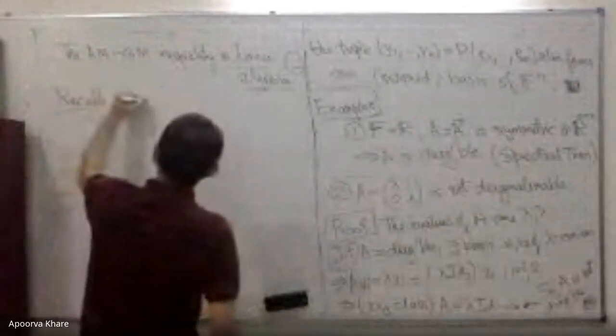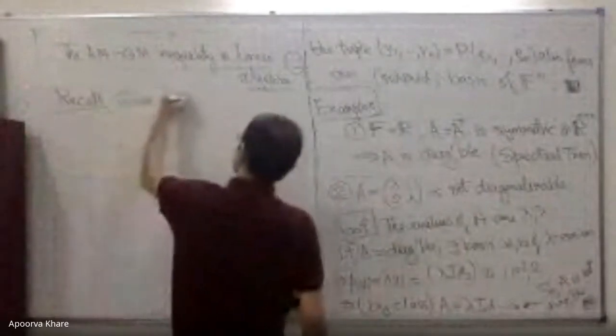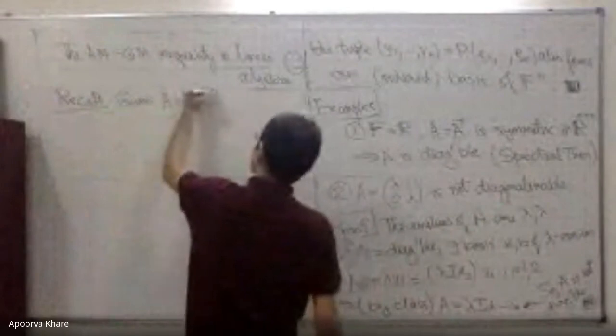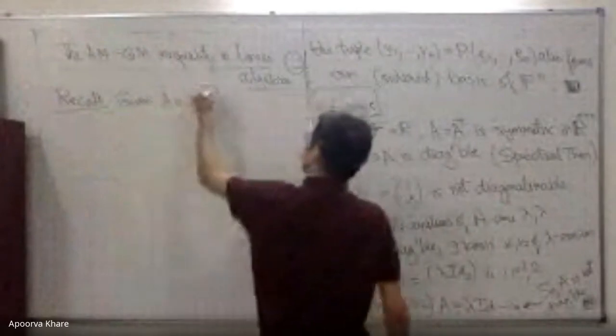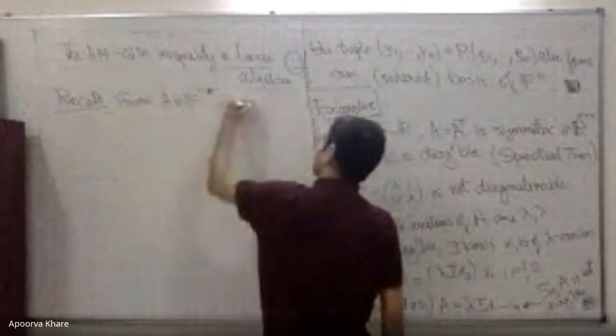Given A, which is a square matrix over the field, and lambda a scalar.